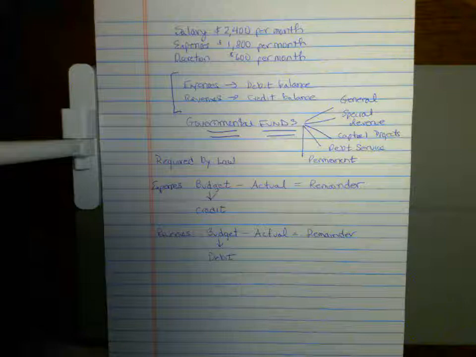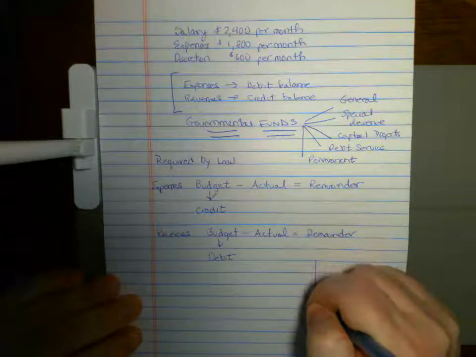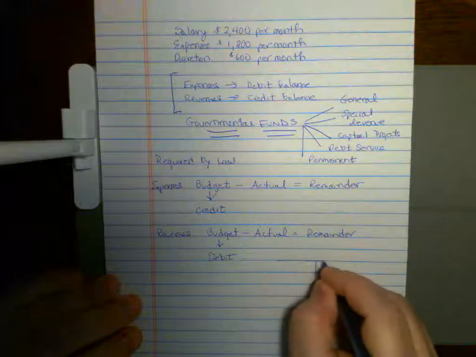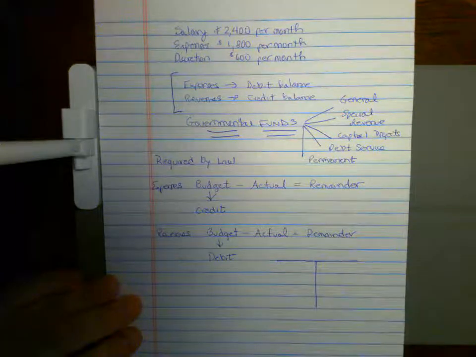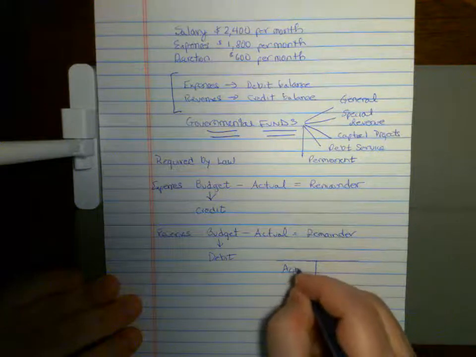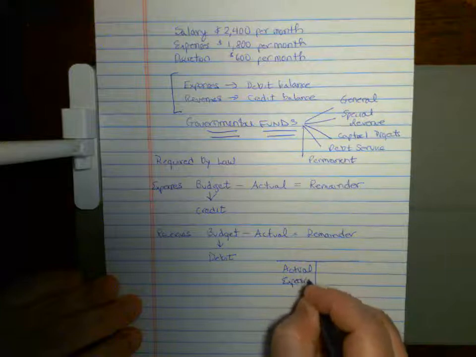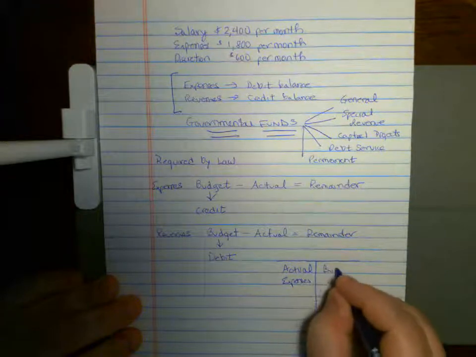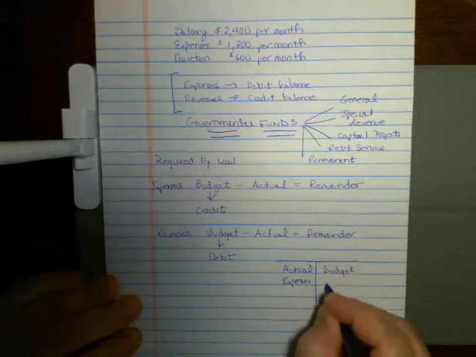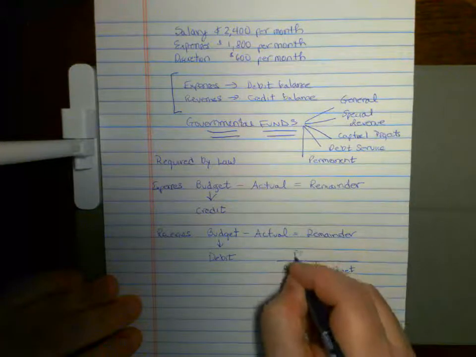So visualize a T account. If this is the actual expenses here, the budget expenses are on this side.